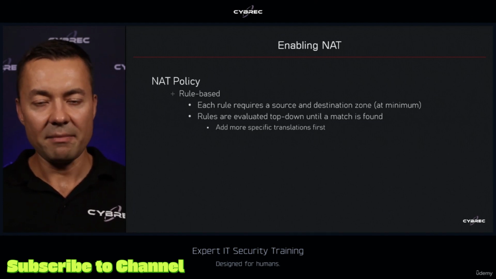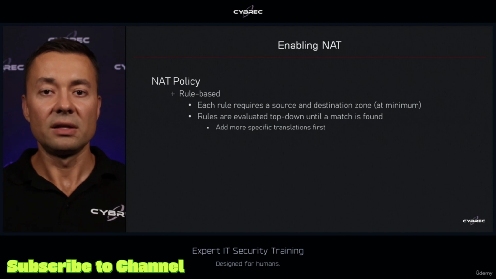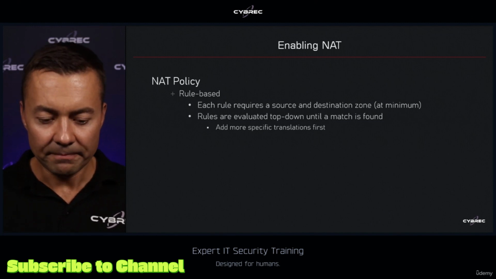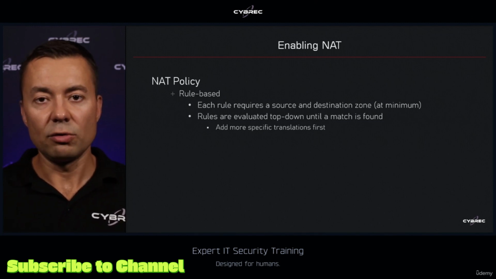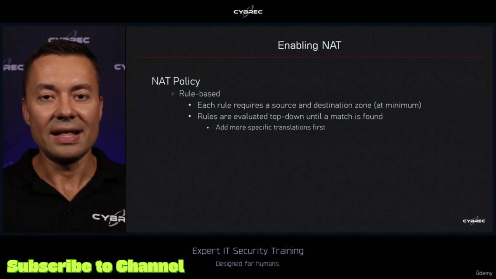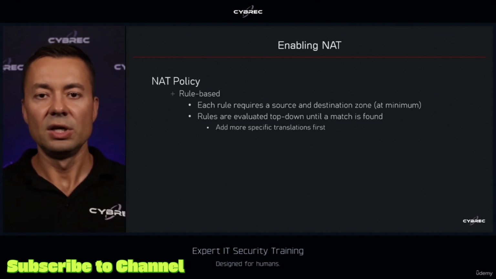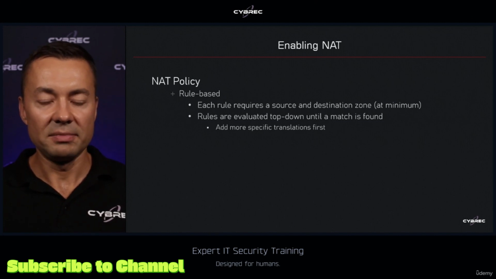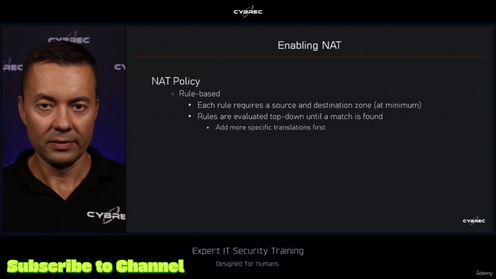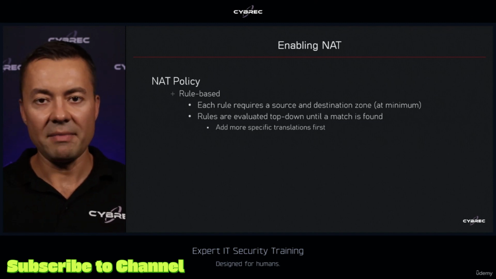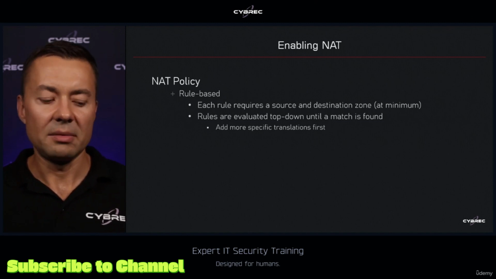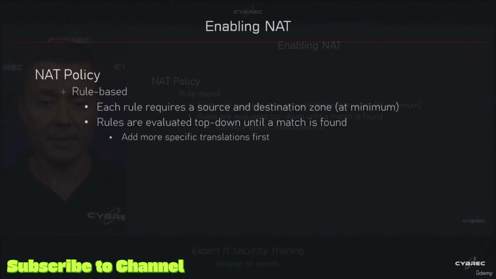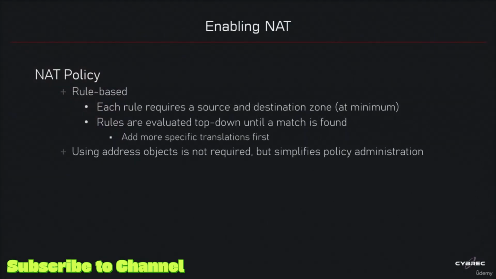If we don't have a match, we will evaluate subsequent rules in the policy, which also means that for any type of specific translations, you should always put them first in the policy before any type of broader rules. If we don't have a match in the translation table, we will not perform that at all.